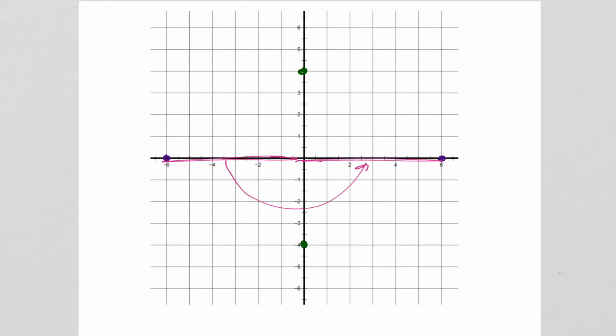So this is only defined in the rectangular axis in the negative y, below the x-axis. So we can erase this part. And so the parametric equation, our ellipse, is only this half down here. And since it's starting at pi and going to 2 pi, that means it must be going in this direction.